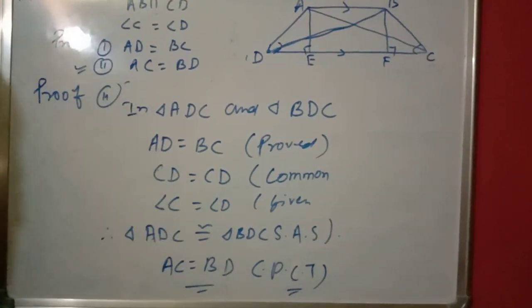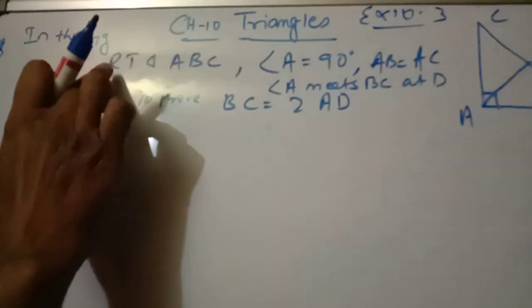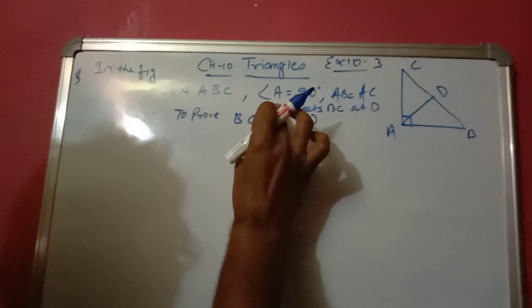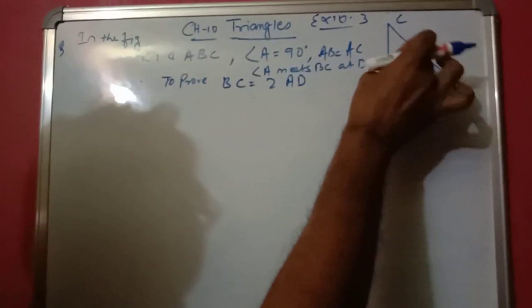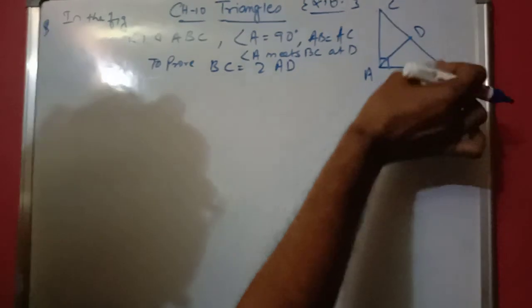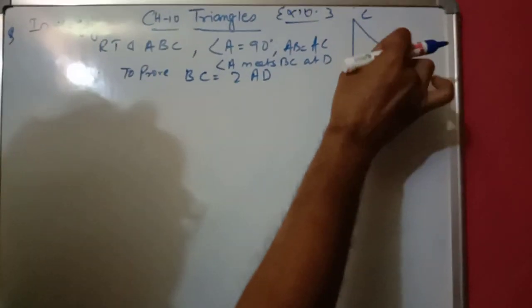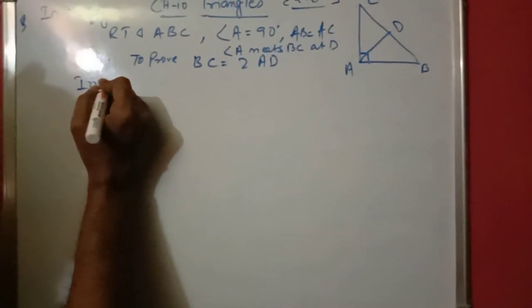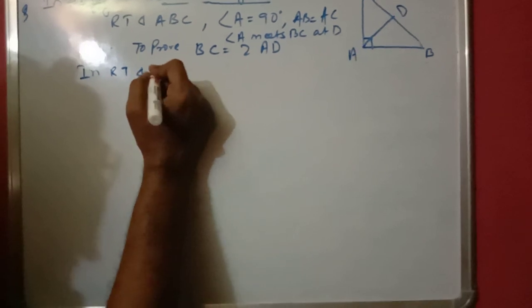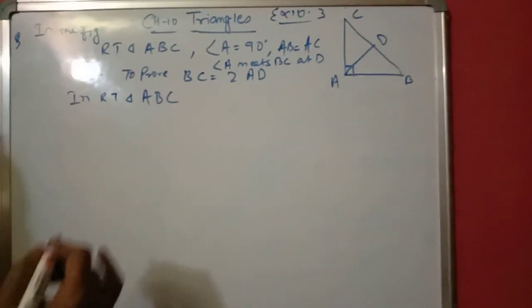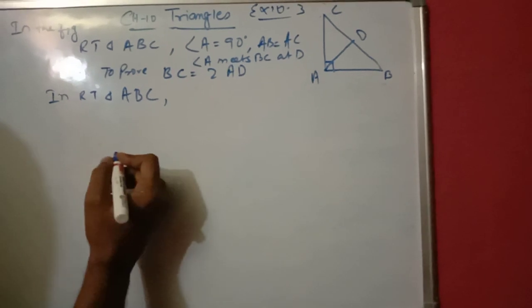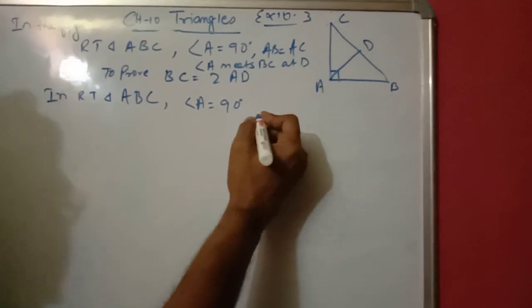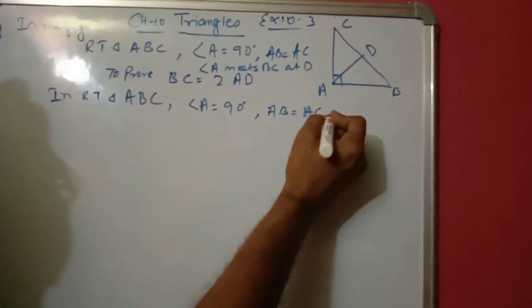Now next question. See this question. It is given right triangle ABC, angle A is 90 degrees, AB equal to AC, the bisector of angle A meets BC at D. To prove BC equal to 2AD. In right angle triangle ABC, here it is given angle A equal to 90 degrees, AB equal to AC.